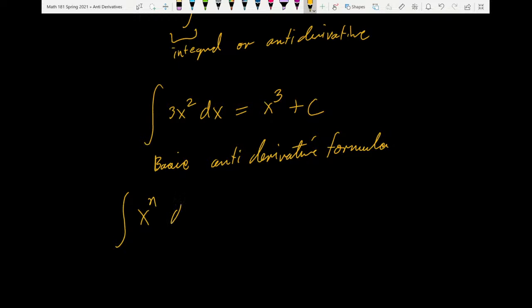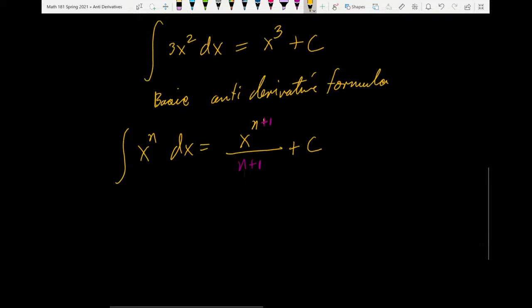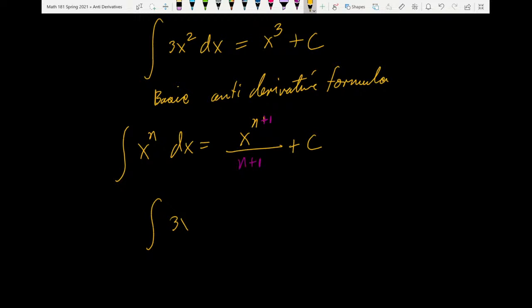The integral of x to the n dx equals x to the n plus 1 over n plus 1 plus c. These two are the most important part. So if I go back and look at that problem, 3x squared dx, I would rewrite it as 3x to the 2 plus 1 over 2 plus 1 plus c. And if I reduce that, this becomes what? x cubed plus c. That's it.